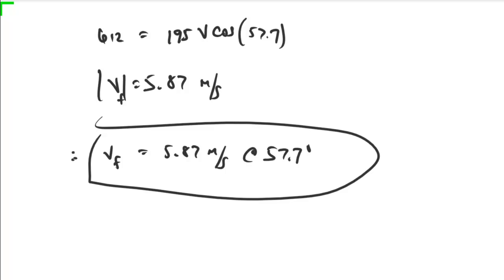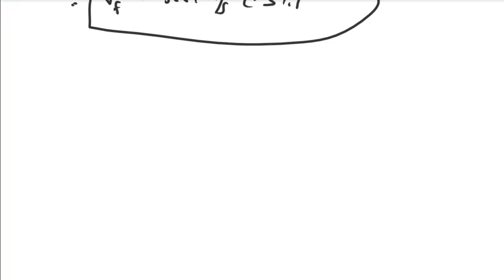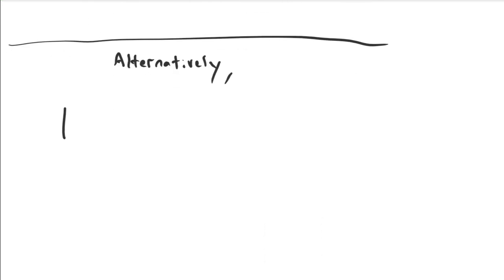Alternatively, just to show an alternative way to do the math, which, depending on what we're given, could actually be quite a shortcut. Let's say here, we could say the magnitude of the final momentum has to be equal to the magnitude of the initial momentum, right?